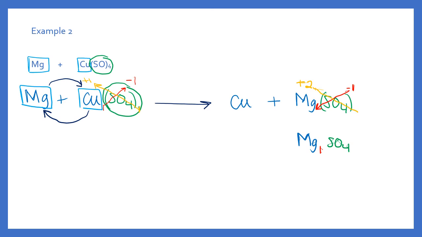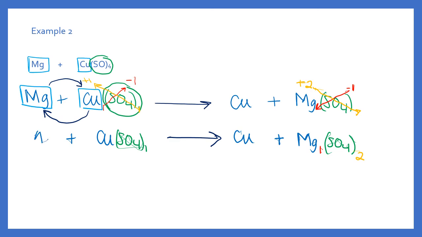And then the 2 crisscrosses to the outside of the SO4, plus Cu, and then we have Cu, SO4 with the 1. Oh, it's so messy. I'm so sorry, guys. Plus Mg.